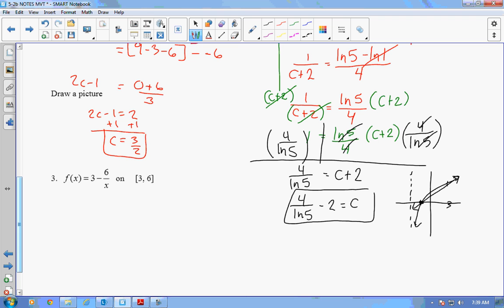It will be the same, so it will be parallel. 4 divided by natural log 5 minus 2 is approximately 0.49. So like right there, you'd have parallel.